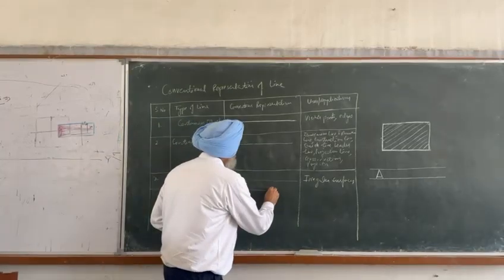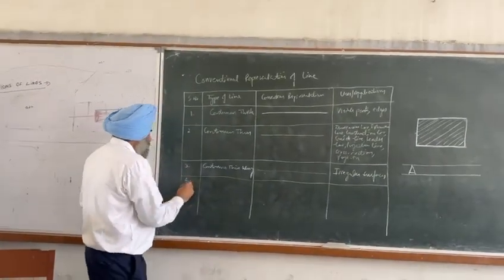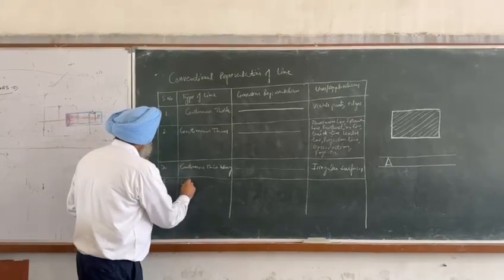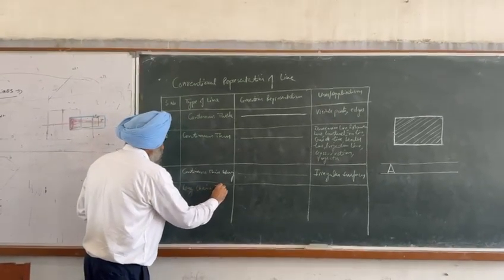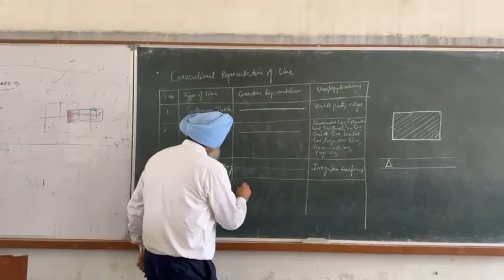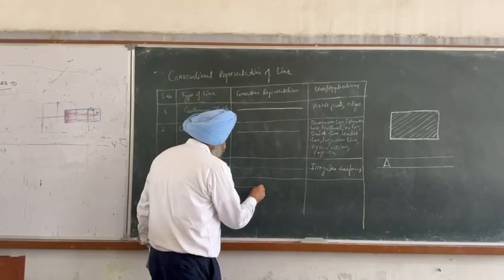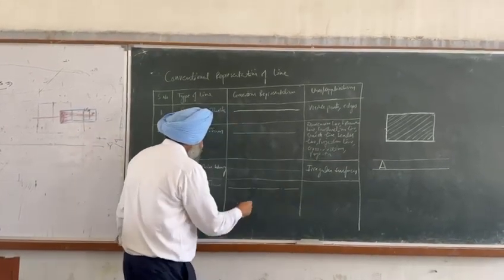Another type of line which is important is long chain thin. We're having this long chain thin. And what is the distance?